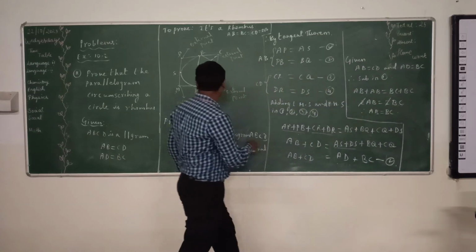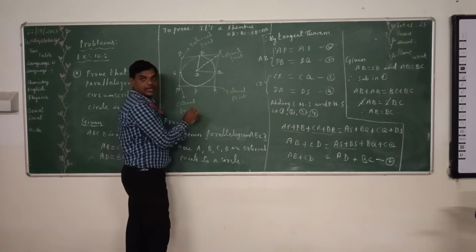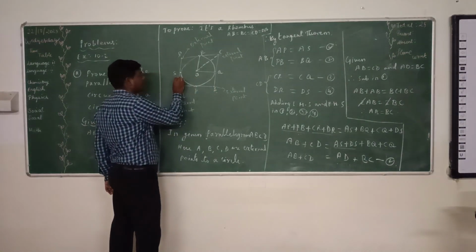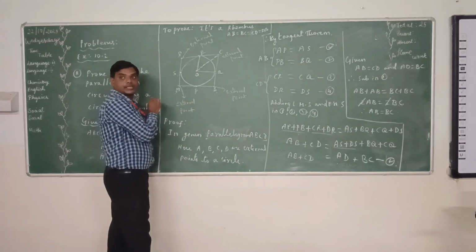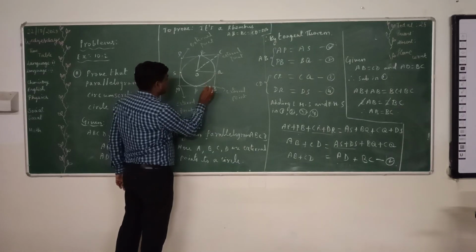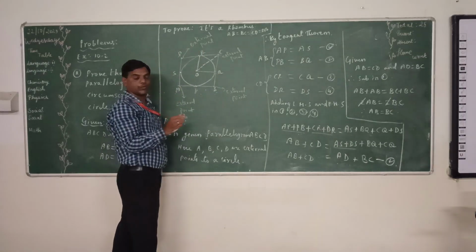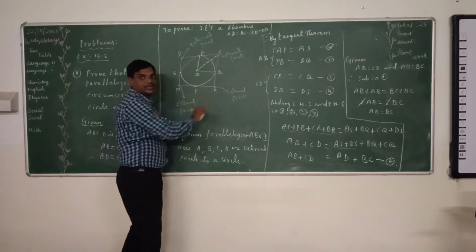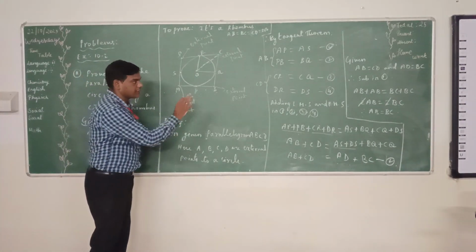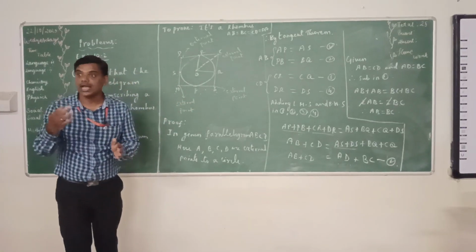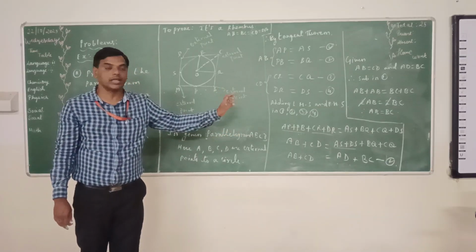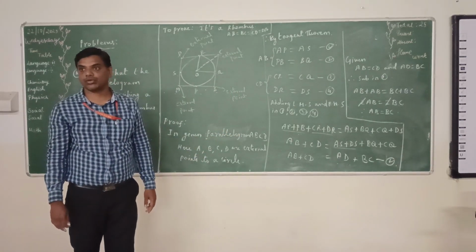We already know BC is equal to AD, and AB is equal to CD. So all the sides will be equal. Here we have proved that only one pair of adjacent sides is equal. Therefore, the remaining sides will be equal. It is obvious.